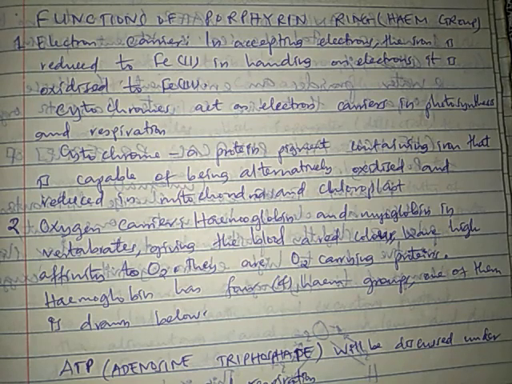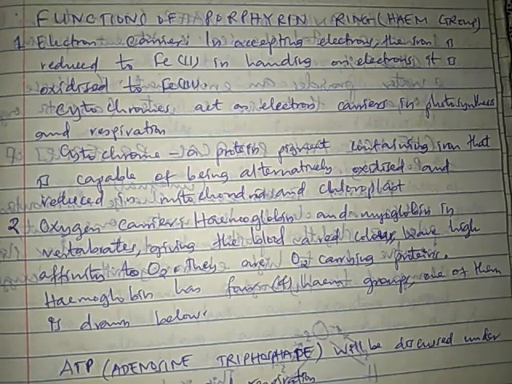Function zake nini? Ya kwanza, ina act as electron carrier. In accepting electrons, the iron is reduced. Kwa inatoka kwenye iron 3 kwenda kwenye iron 2. In handing on electron, it is oxidized to iron 3. So cytochromes act as electron carrier in photosynthesis and respiration.